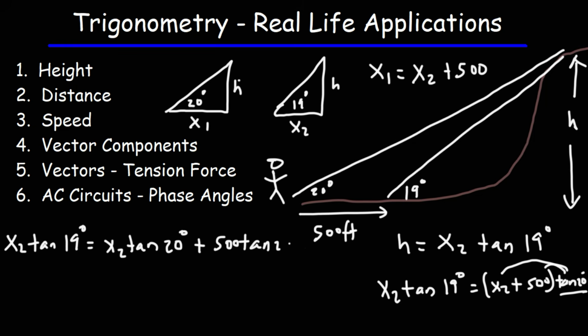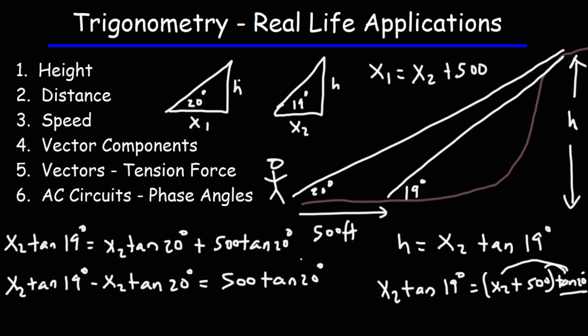Now we can plug in tan 20 to get a number, but I want to save that towards the end. I'm going to move this to the other side, and then I'm going to factor out X2.